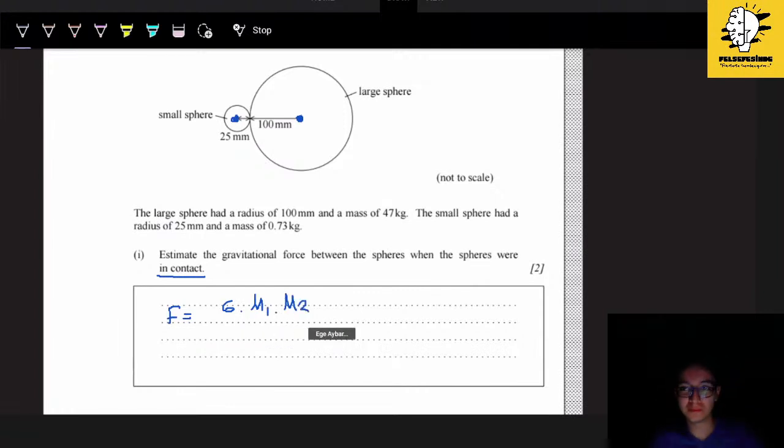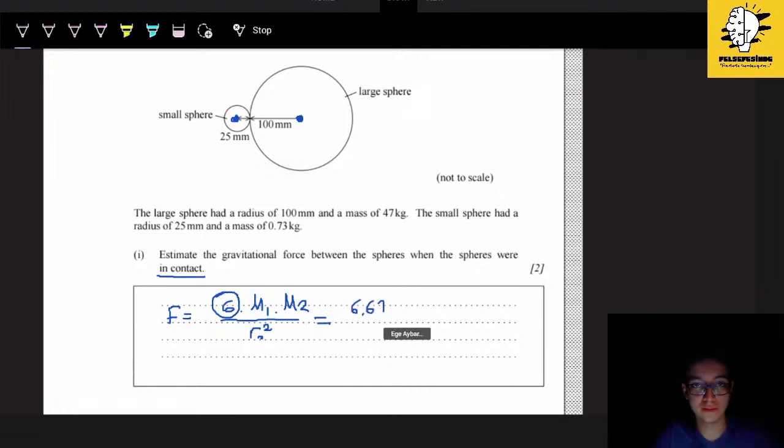So we will remember this equation, guys. This is G, the letter G, not 6. The gravitational constant is this, and you can find it in the data booklet. You don't need to memorize it. We know that this mass is 47 and the other mass is 0.73.